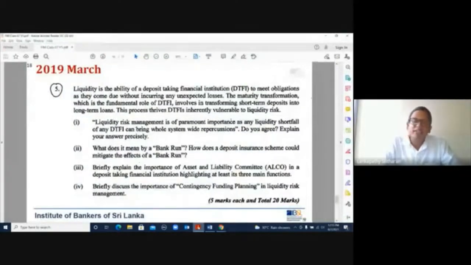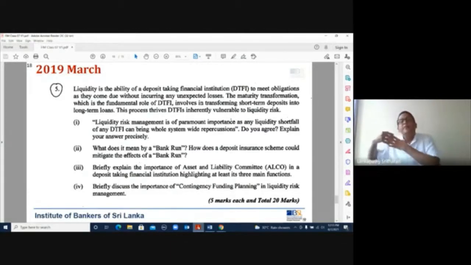Very recently, actually, 600,000 was the right answer, but now we have increased it to 1.1 million rupees. So the deposit insurance scheme means that if a bank fails, small depositors can get compensation up to 1.1 million per customer per bank.